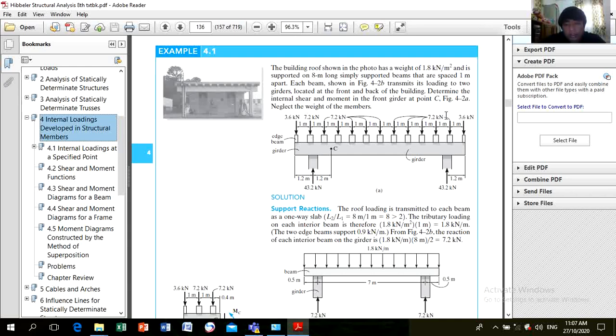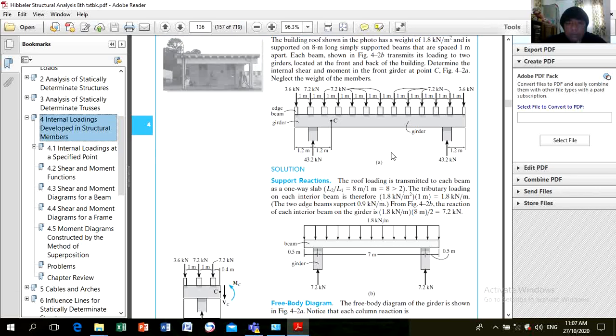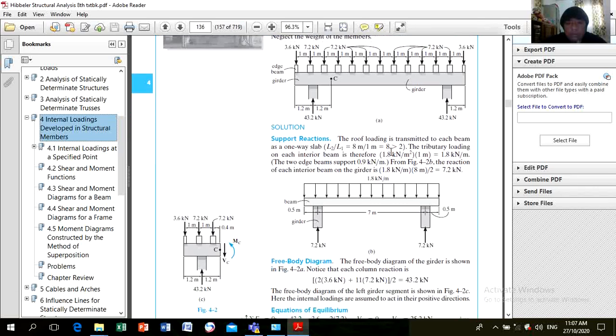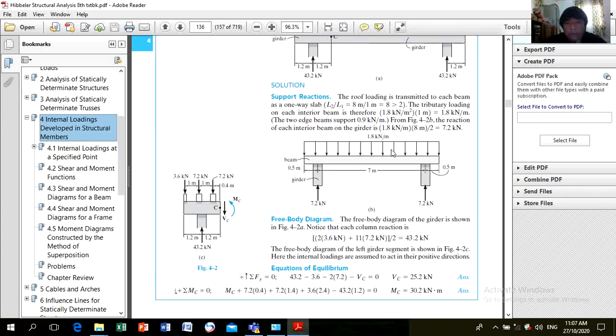Then at the back, there is another girder. So here, we all know that this is 1.8.